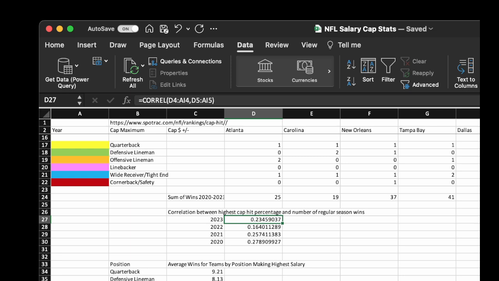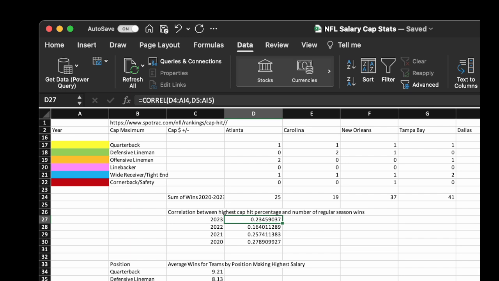And like I say, if you believe the first hypothesis, that you should have a higher percentage for the highest paid player, then there should be a correlation of close to 1. Now, if you go with the second analysis, that if a team overpays a player, then that player will constrain the salary cap and the team will have bad depth, then there should be a -1 for the correlation.